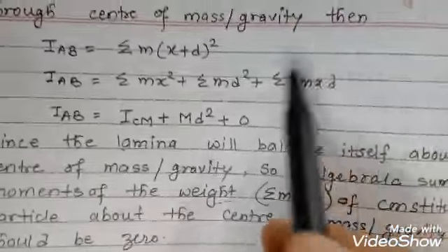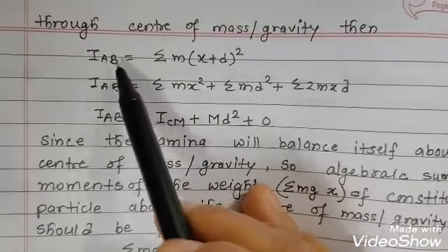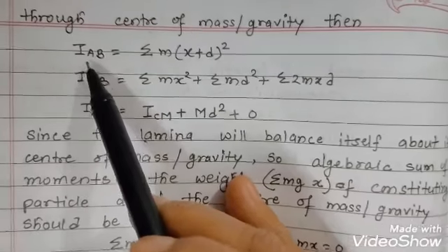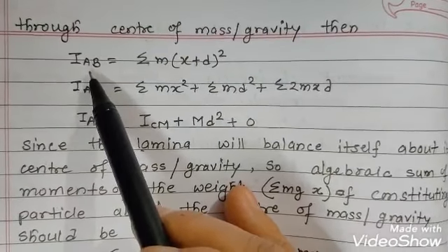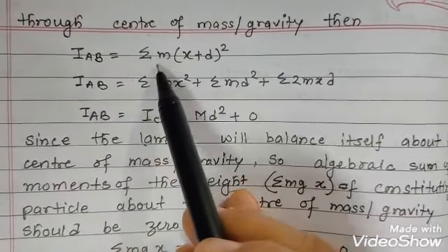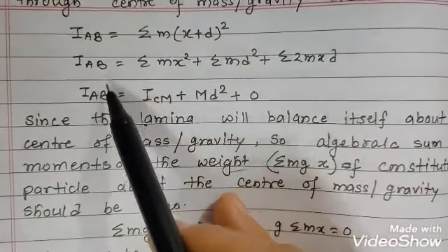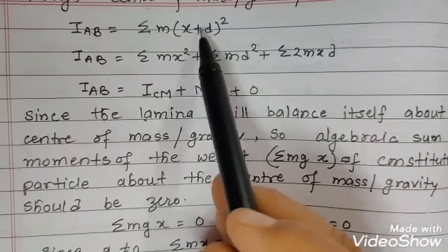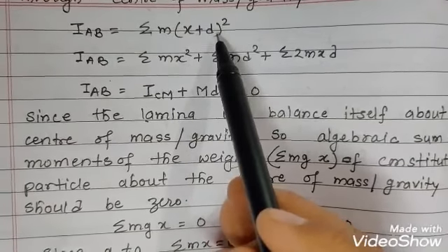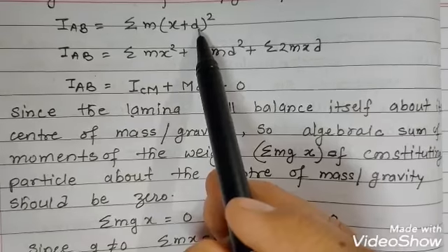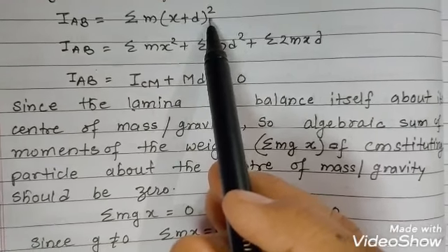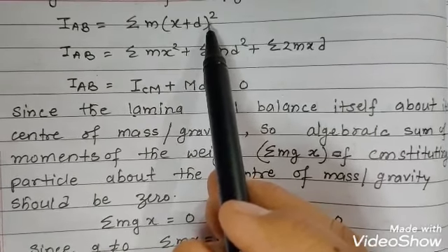So we have already taken that the moment of inertia about AB must be equal to summation m (x plus d) the whole square. Now for I_AB, summation m (x plus d) the whole square, we just put in the identity (a plus b) the whole square equals a square plus b square plus 2ab.